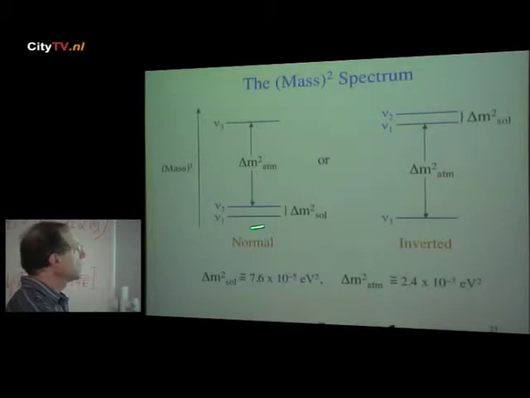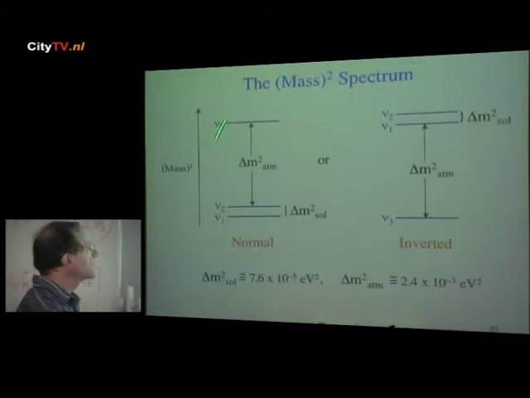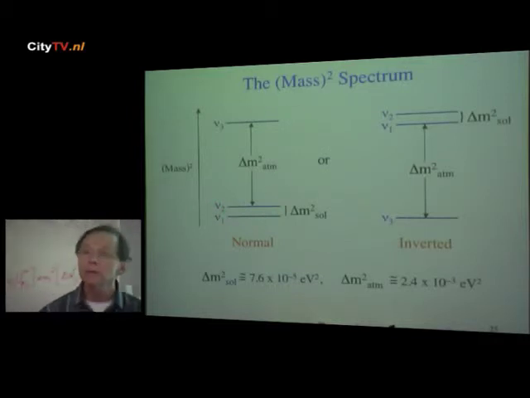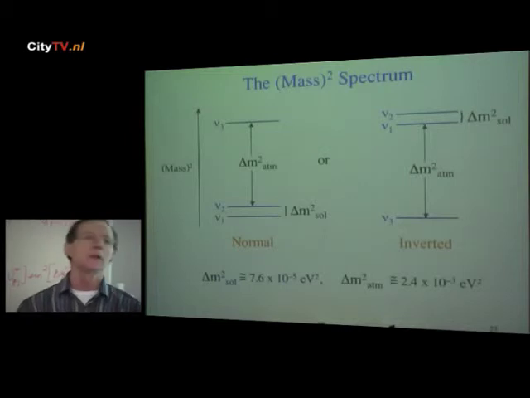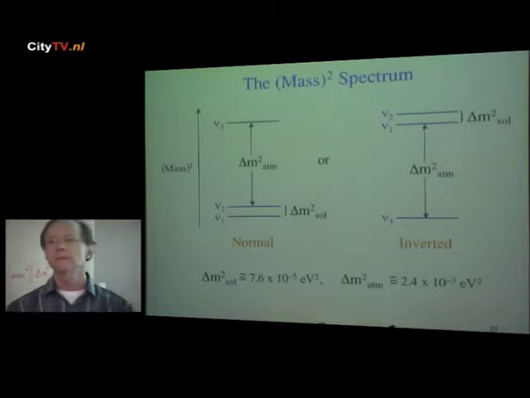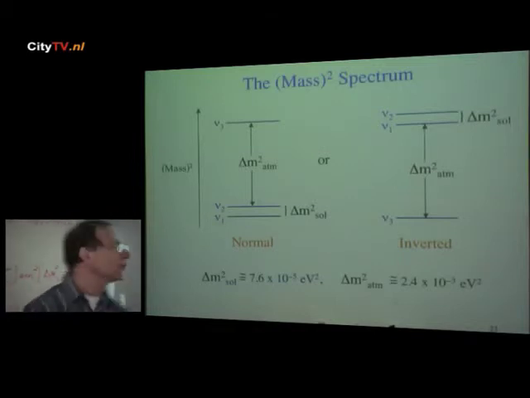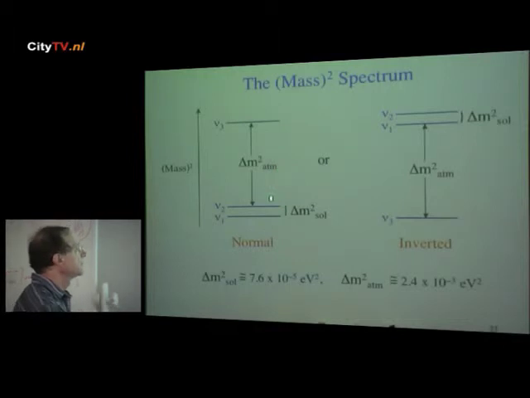We don't know whether the closely spaced pair is at the bottom of the spectrum or at the top. If it's at the bottom, then the neutrino spectrum would resemble qualitatively the positively charged quark spectrum, the negatively charged quark spectrum, the charged lepton spectrum. They all look qualitatively this way. A small gap at the bottom and a big gap at the top.